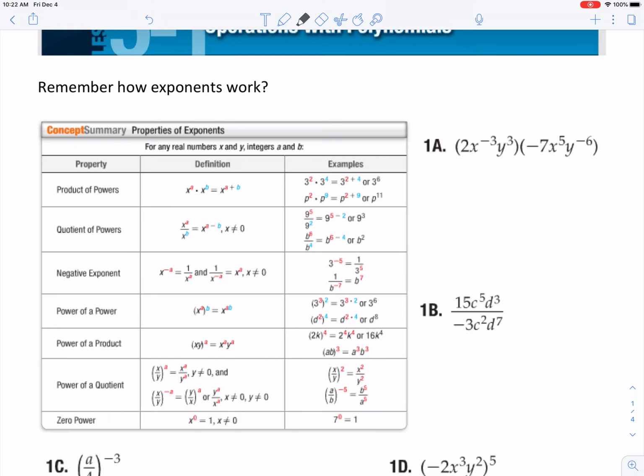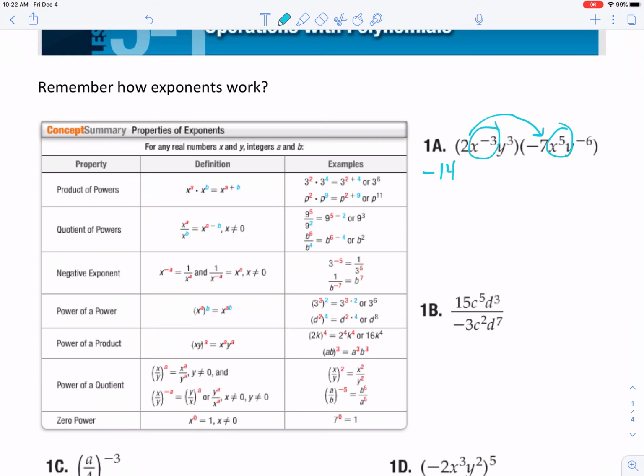Where we had the call and response that normal numbers do normal number things. For example here, I'm going to take this 2 times the negative 7 and recognize that normal numbers do normal number things, so that is just negative 14. Then I'm going to take the x's multiplied together.